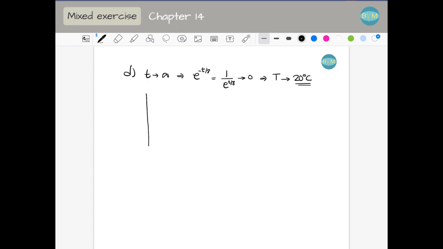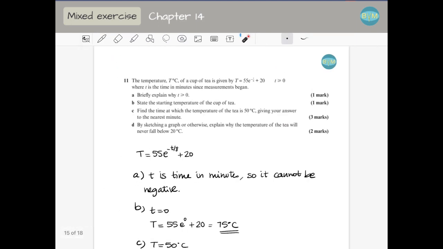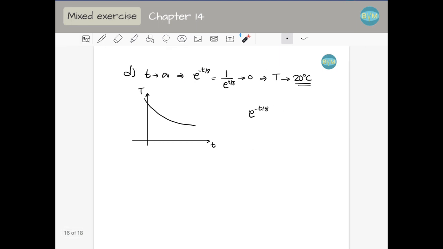And the other way of thinking is just representing it. So we have the time here and the temperature here. If we represent e to the power of minus t/8, we know this is decreasing. It's doing something like that. But we have 20 plus this exponential, so this 20 moves the whole thing up by 20.